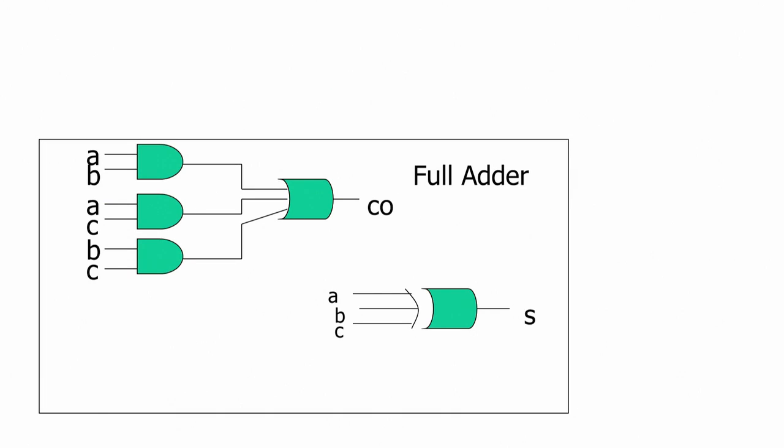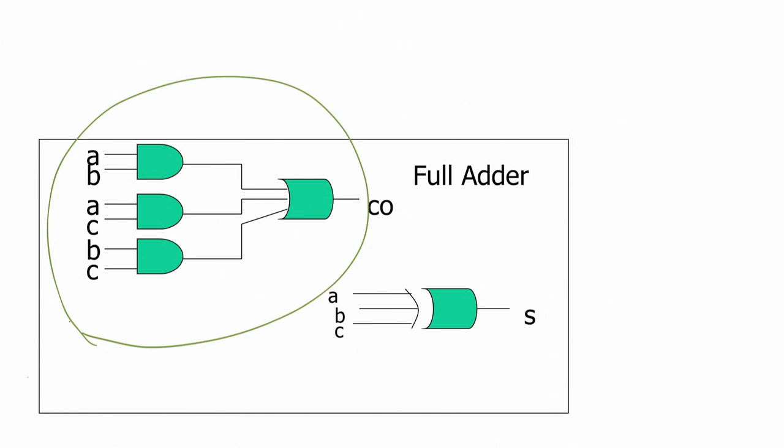So there are 3 bits A, B, C, and this is how we calculate the carry out, which is AB plus AC plus BC, and we also have a sum bit which is A XOR B XOR C. We also saw how we came up with these equations by just using a simple Karnaugh map, or truth table.